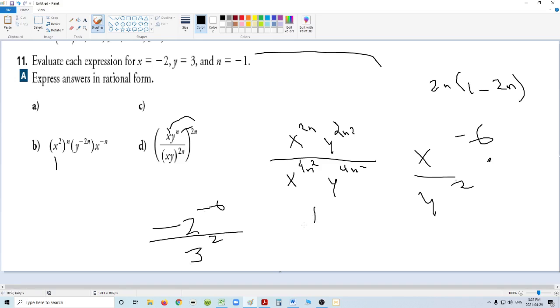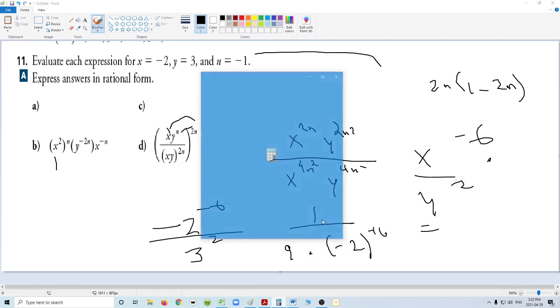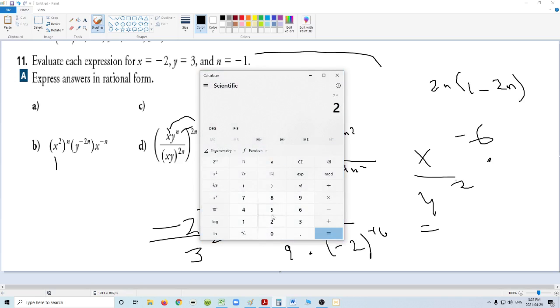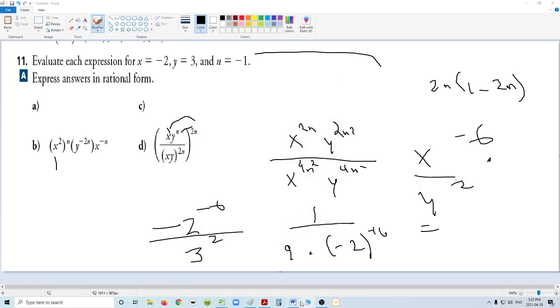And that becomes 1 over 9 times negative 2 to the power of positive 6, which will become positive. And I'm a little weak on my 2's to the power of 6's. 64. Oh, 64 times 9.